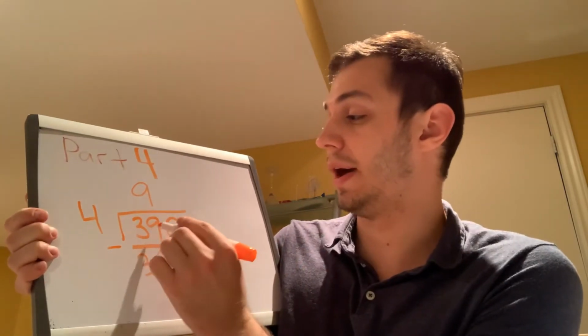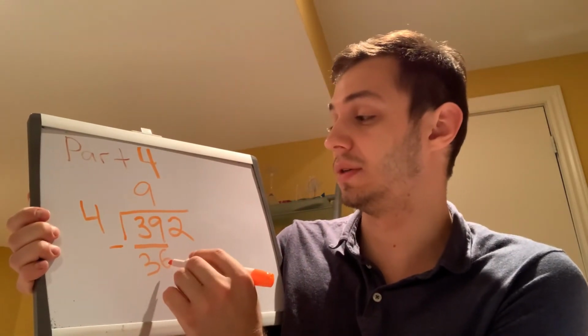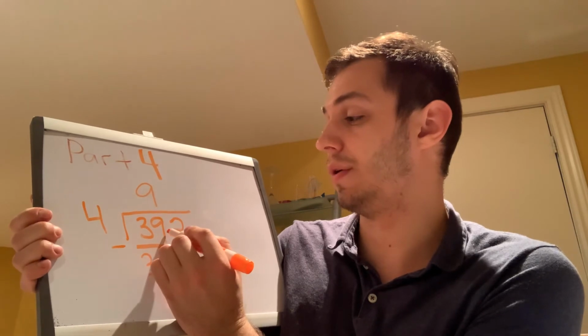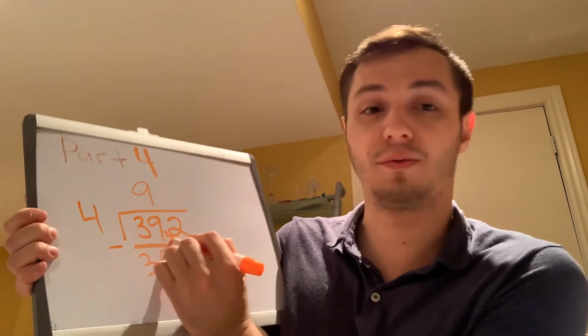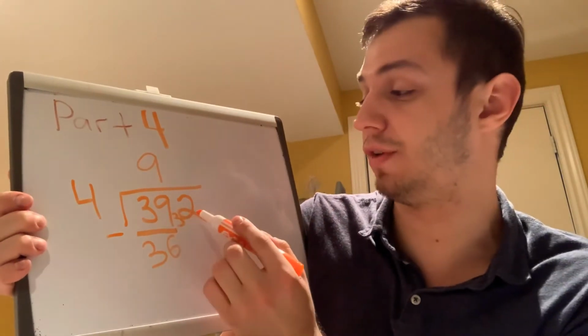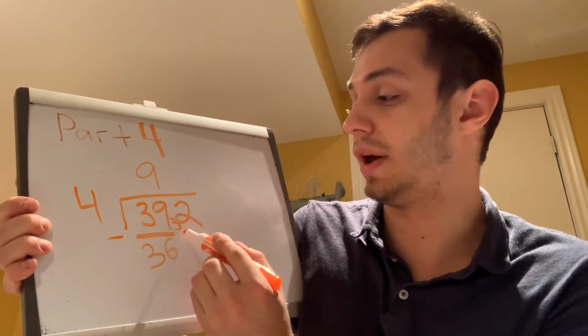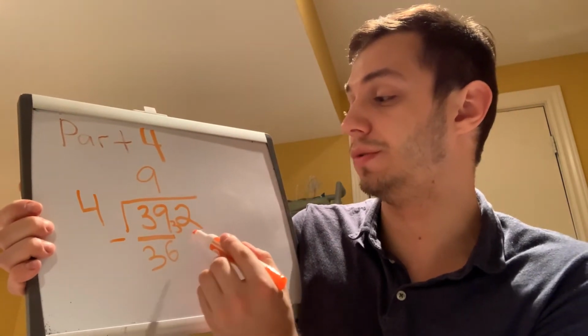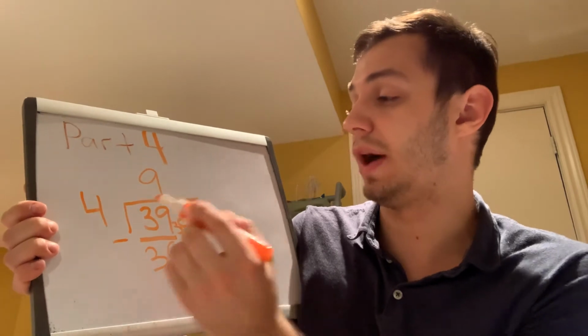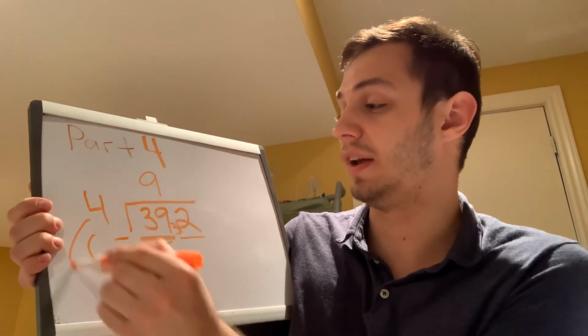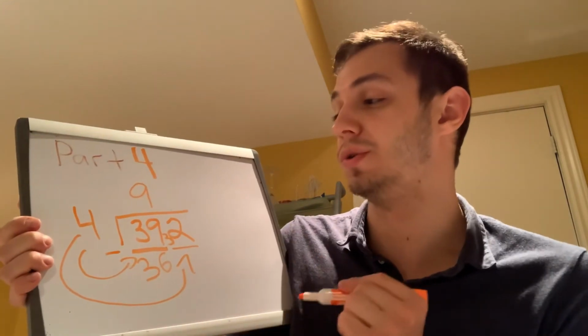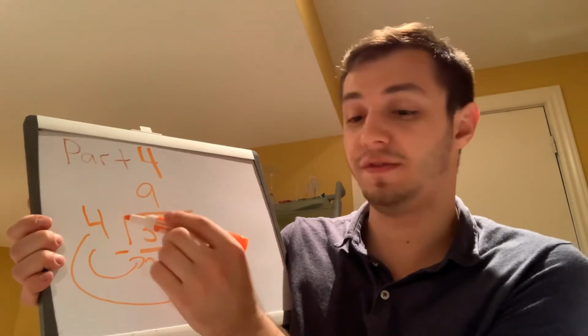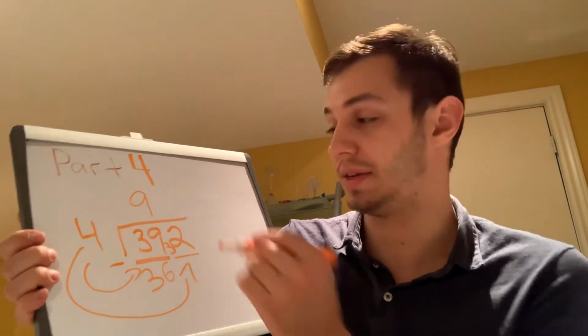So 39 minus 36 will give us 3. I'm going to write that 3 right over here, right in front of the 2. So now what we have is 32. Now I'm going to divide this 4 into 32. 32 divided by 4 is 8.